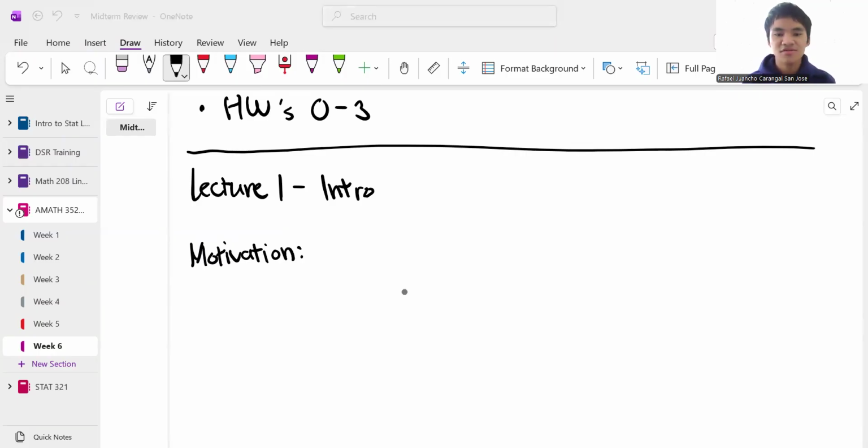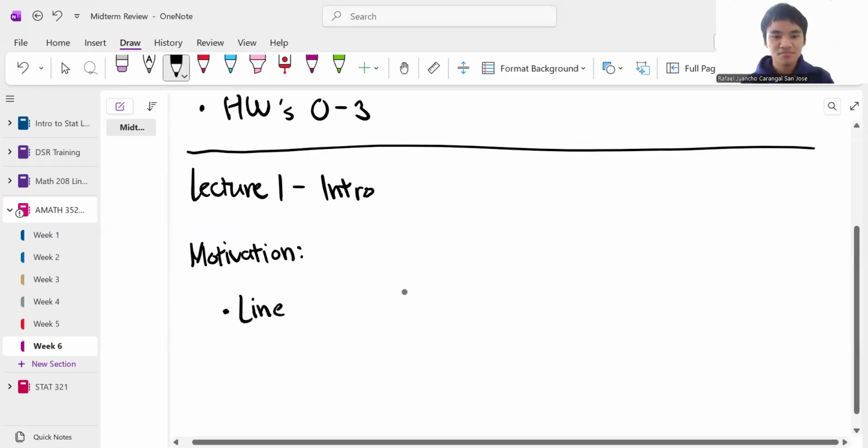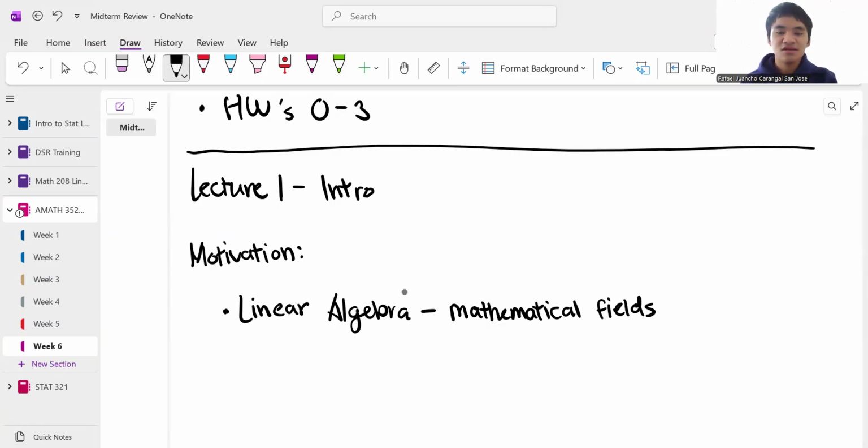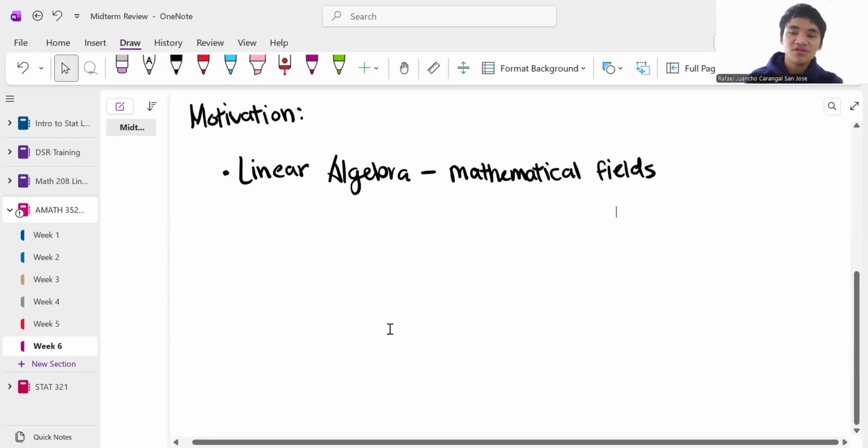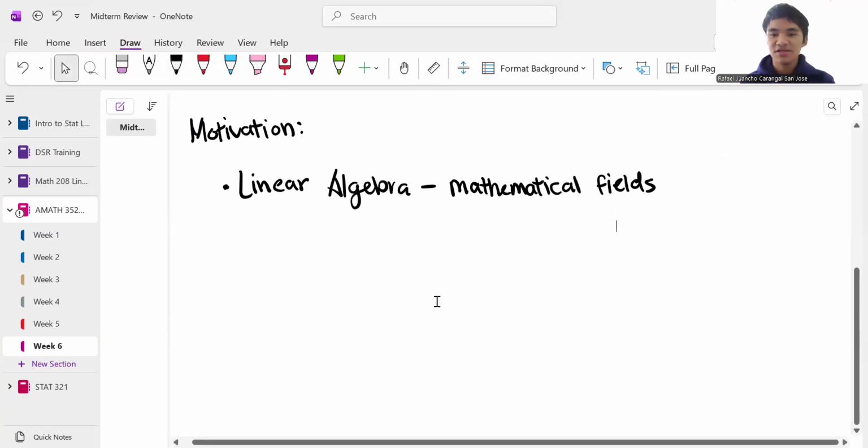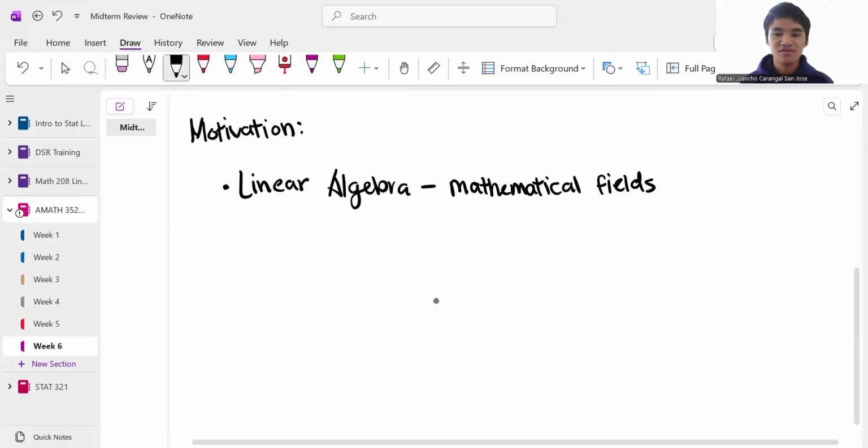Well, let's first define what linear algebra is. We say that this is a mathematical field. There are different branches or fields of mathematics: there's algebra, there's geometry, there's calculus, there's linear algebra, there's topology, and all different sorts of stuff for making meaning of the world, right?